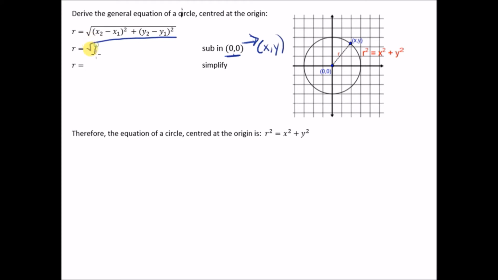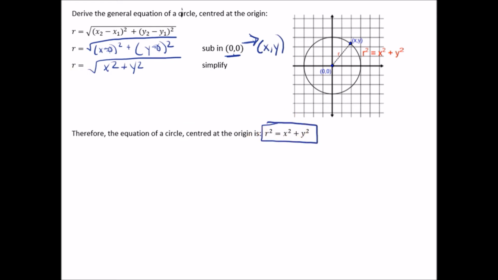So we would have x minus 0 squared plus y minus 0 squared. Then we simplify. x minus 0 is just x, so we get x squared. Then y minus 0 is just y, so we get plus y squared. We call the equation of the circle centered at the origin r squared equals x squared plus y squared.